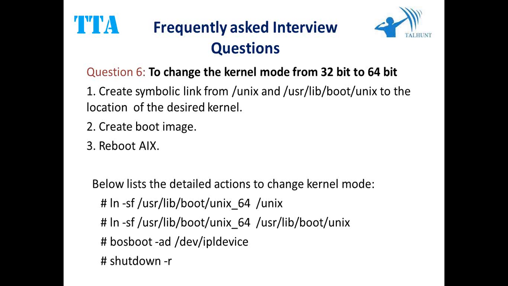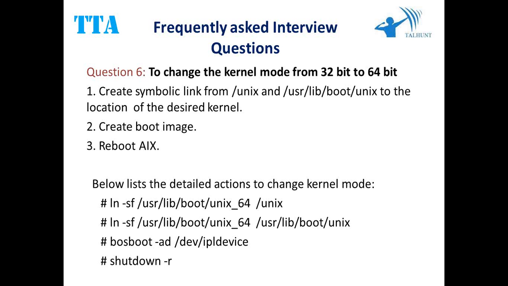So the command is given. You have to say ln -s to create a symbolic link, and unix_64 is the 64-bit kernel. So you are making two soft links, one under root, that is /unix, and one under /usr/lib/boot, which is /usr/lib/boot/unix. And you need to create a boot image. So you just update the boot image by saying bosboot -ad and giving the IPL device name.